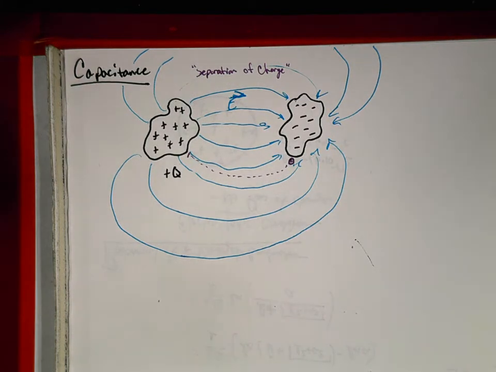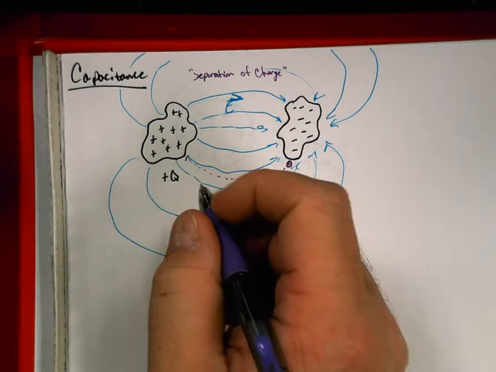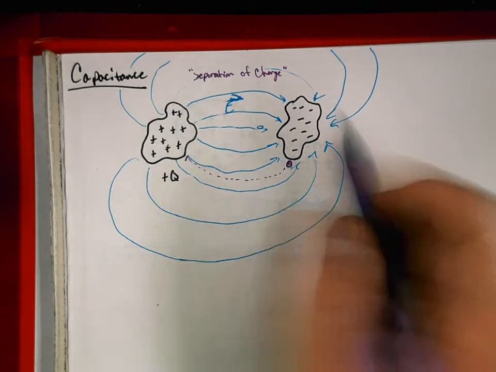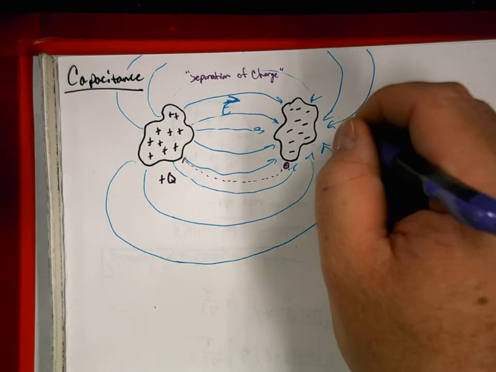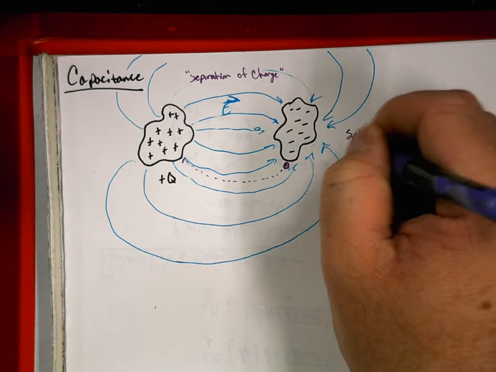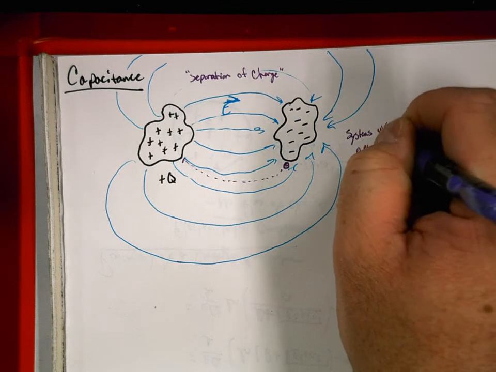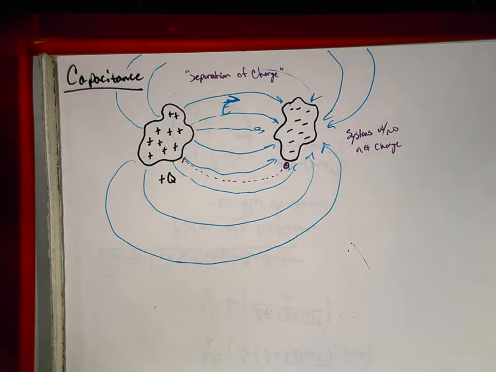The change in our potential is going to be the potential difference between here and there. Oh, and by the way, capacitors are always systems with no net charge. Capacitors are systems with no net charge.